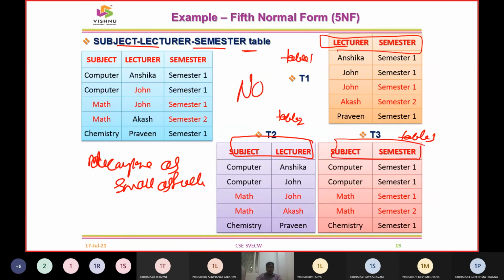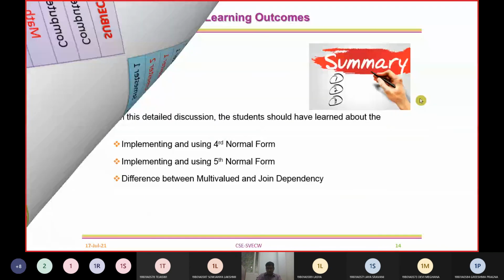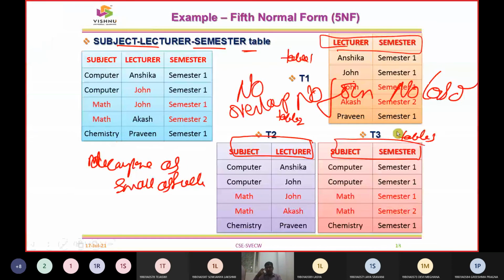So no overlap, no join, no loss of information. All this was retained.